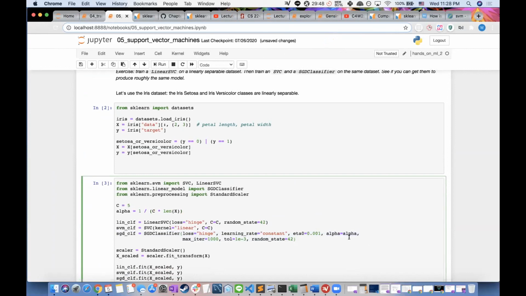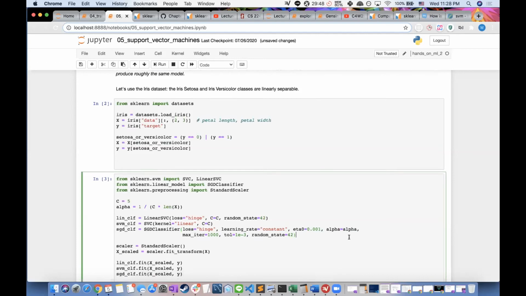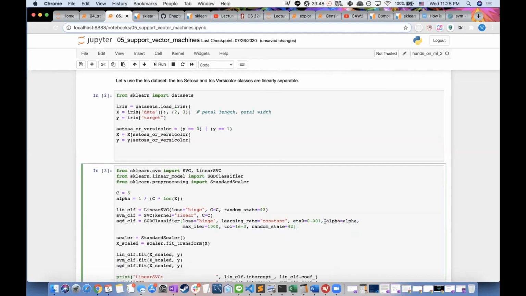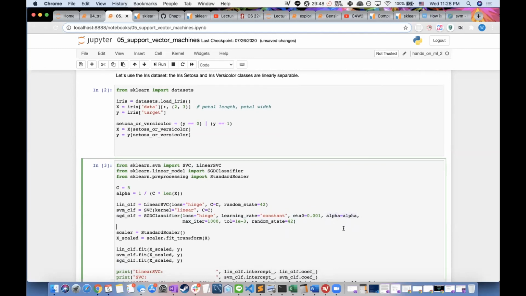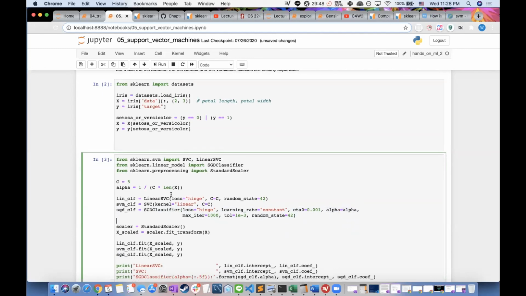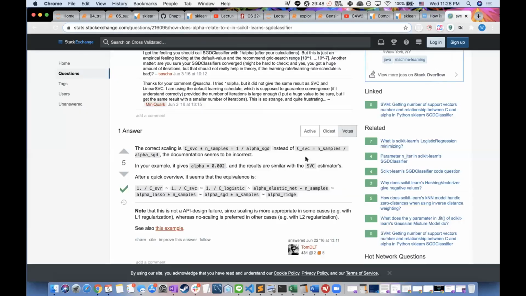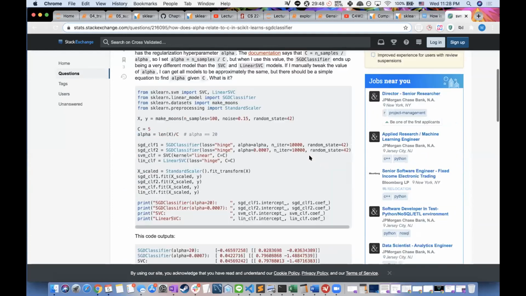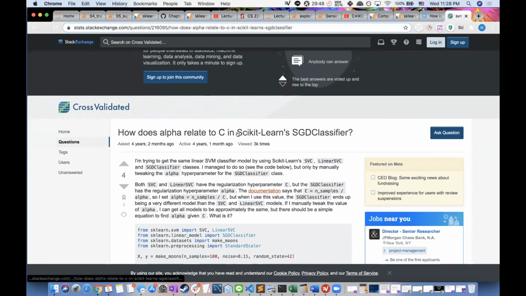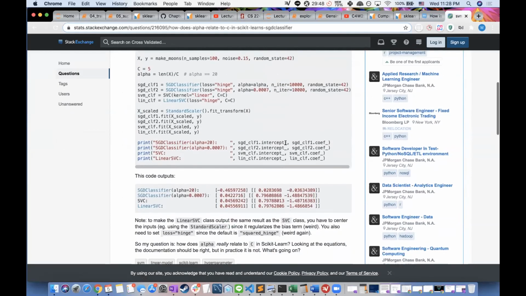And I think you actually don't have C from SGD classifier, but you have alpha. I was looking up why he calculated alpha this way, and it turns out I found this. Someone asked how does alpha relate to C in scikit-learn's SGD classifier?